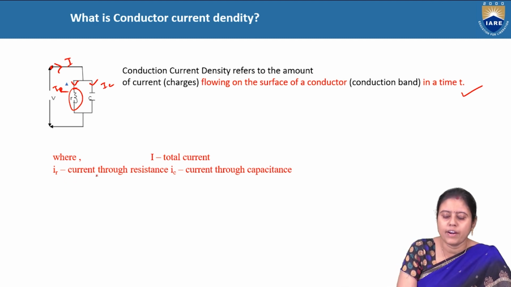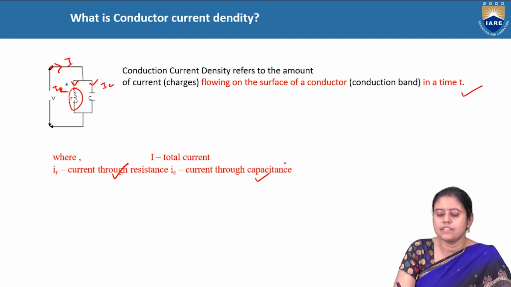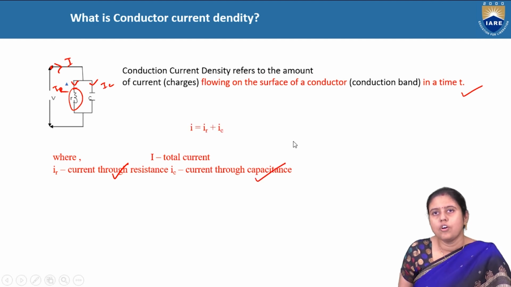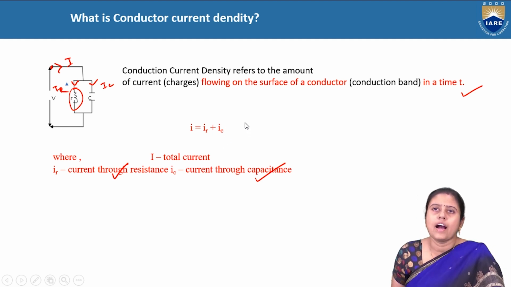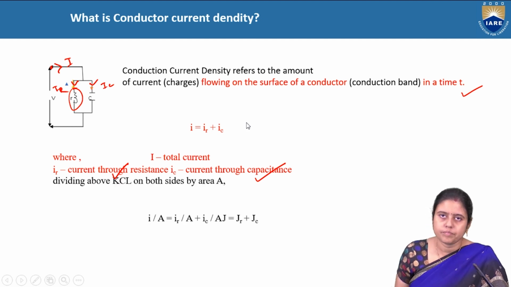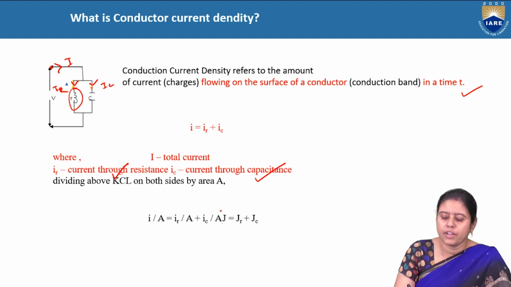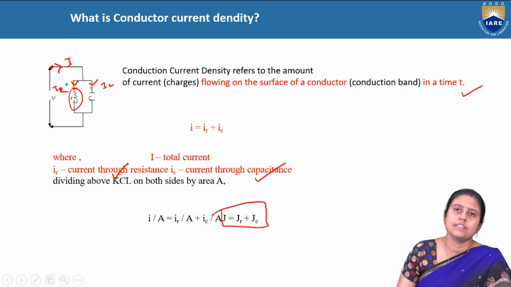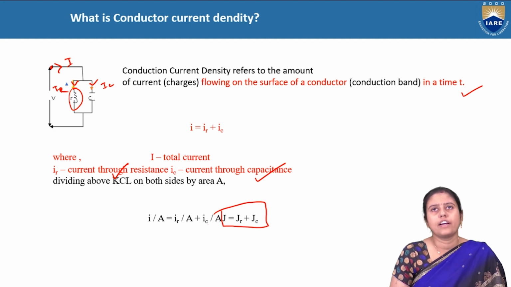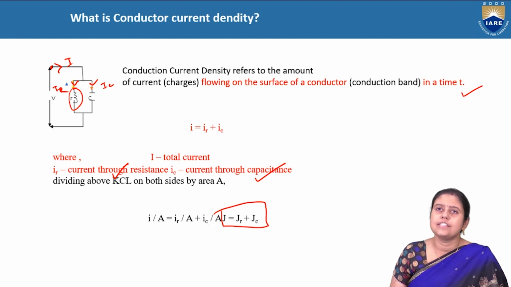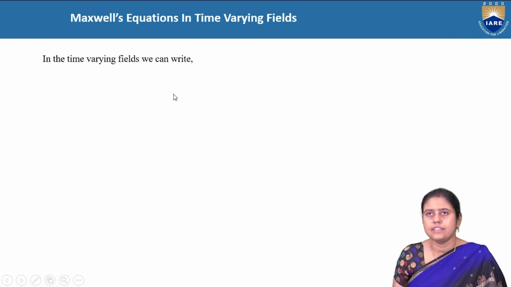So I has two parts, IR, the current through the resistor, and IC, the current through the capacitance: I is equal to IR plus IC. Now if we divide both sides by A, we get I by A equals IR by A plus IC by A, or J is equal to JR plus JC, where JR is the conduction current density and JC is the displacement current density.